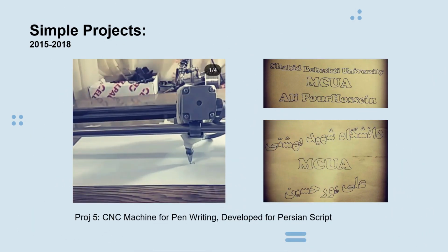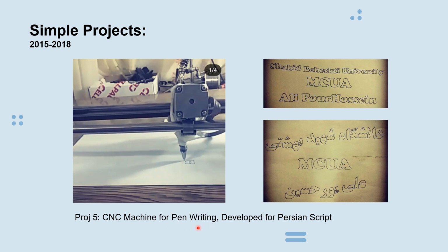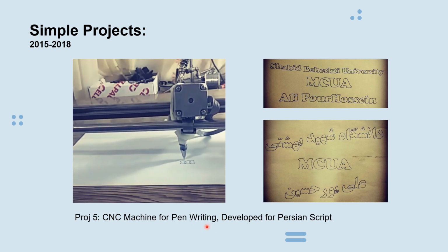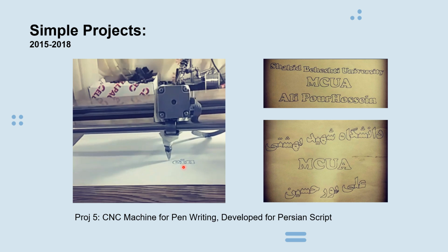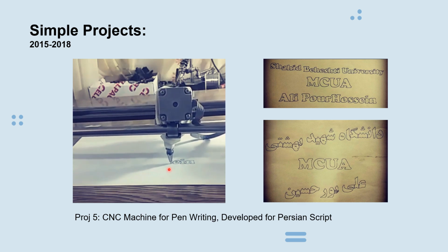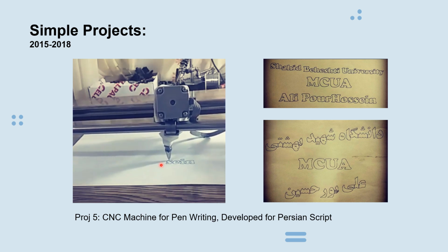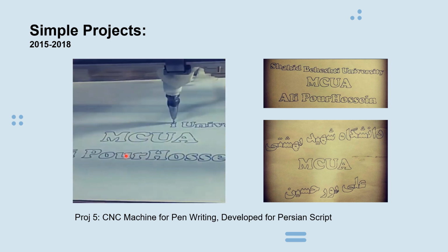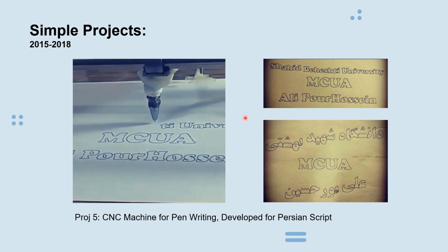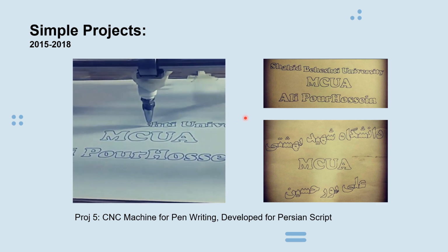Okay, the other project is a CNC machine for pen writing, and as you can see in the video, it writes the words on the paper with this pen. I designed this device using 3 stepper motors. We will get to know what a stepper motor is in future, so don't worry.